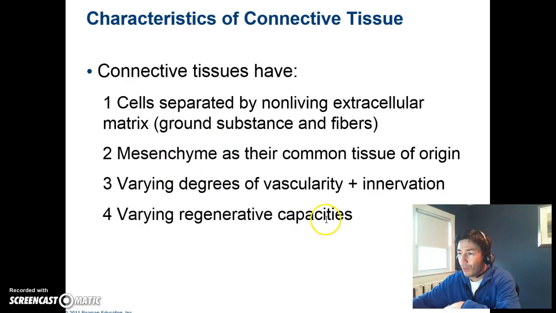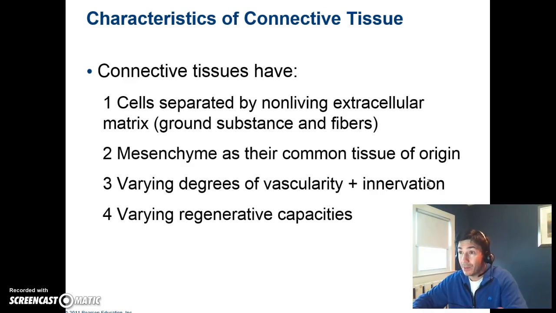The other 3 and 4, some of them are vascular, some of them not so vascular. Some of your connective tissues are innervated, some of them not so innervated, and then also their regenerative capacities or capabilities are also highly variable. So there isn't a lot to say about 3 and 4 other than the tissues vary a lot in their degree of blood vessel vascularity, whether or not they're innervated, do they have sensation or not, and how well they're regenerated.